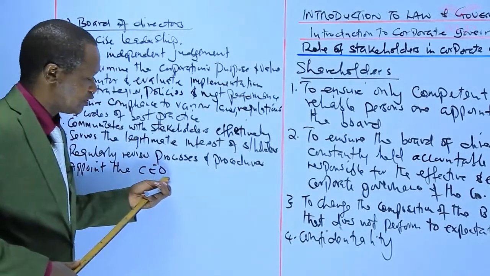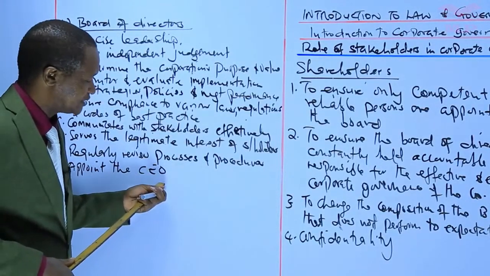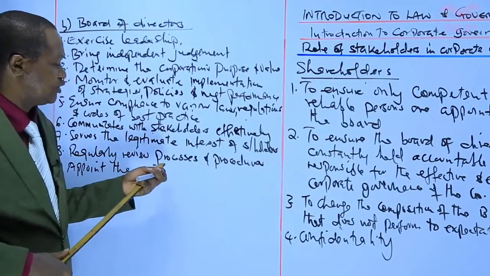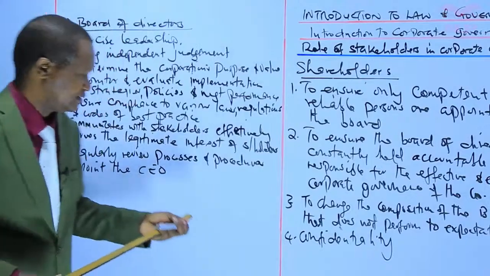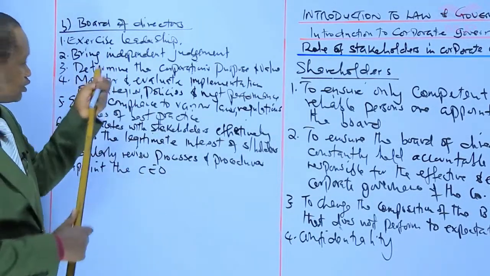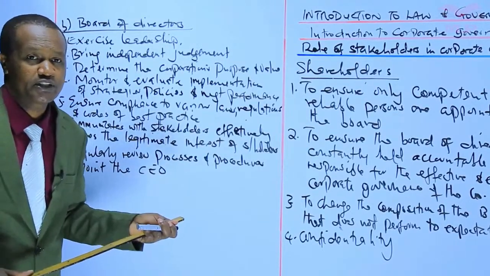So this CEO ought to be a person who has the required skills, the required expertise, the necessary experience in order to steer the company to the desired end. And therefore, the board of directors should appoint the chief executive officer.